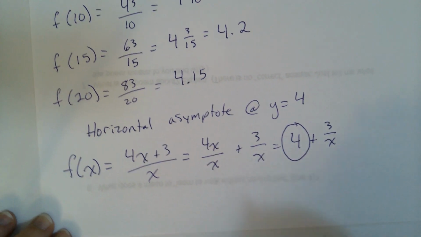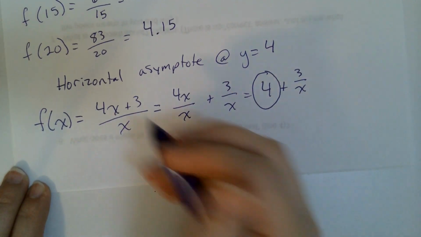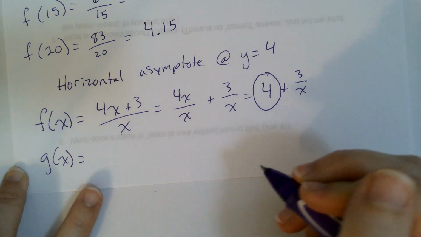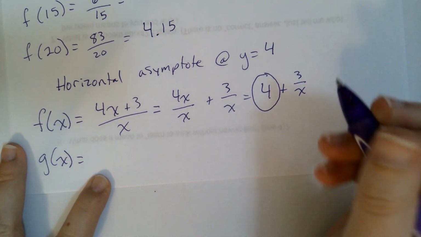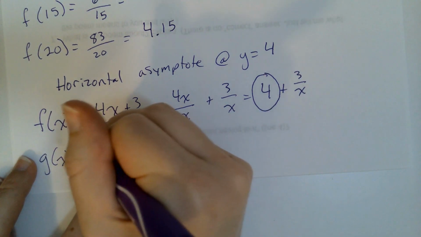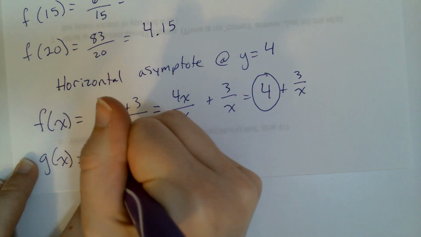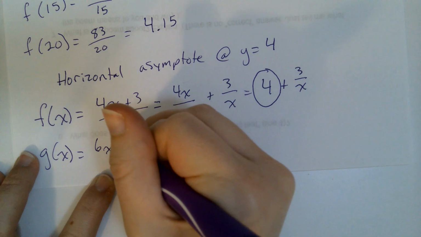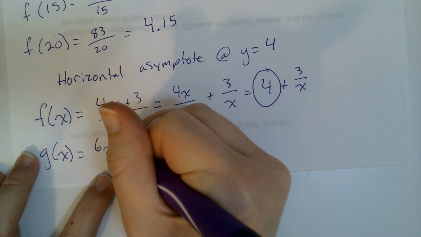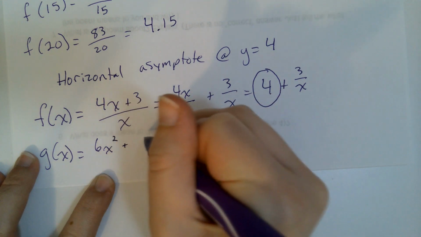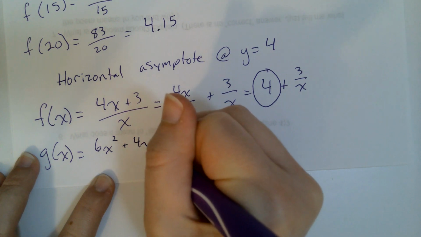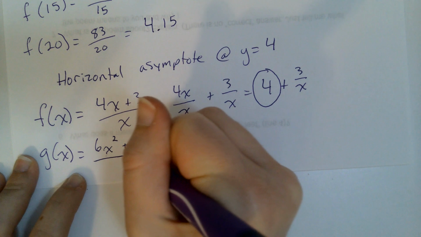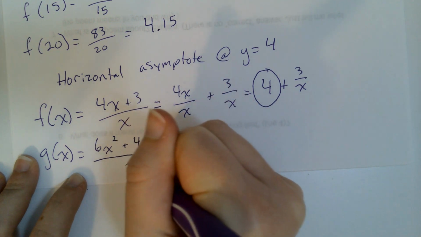I'll give you another example. If we have g of x equals, let's do a higher degree. 6x squared plus 4x plus 5 divided by 2x squared.